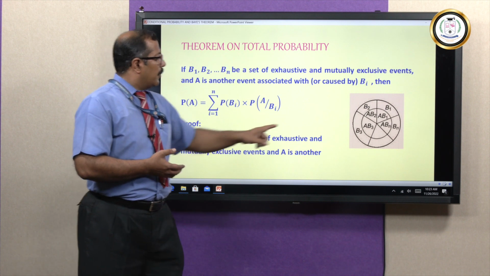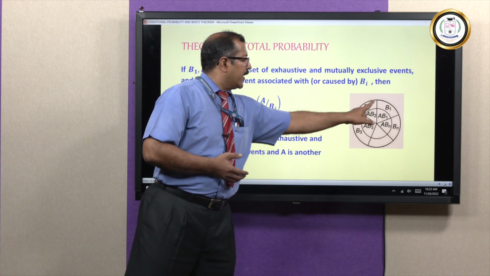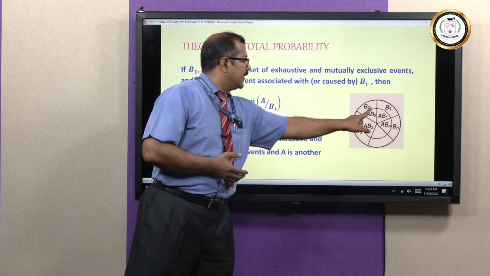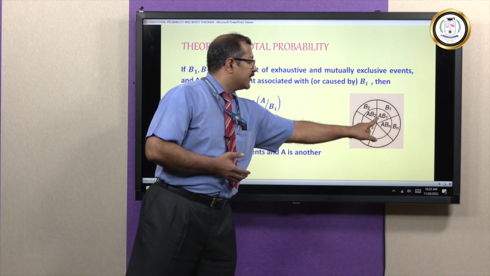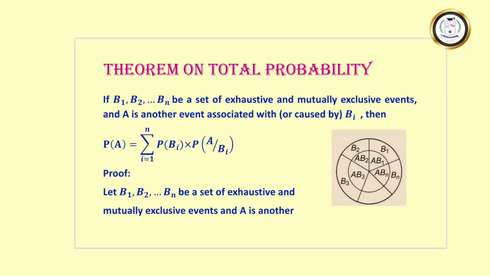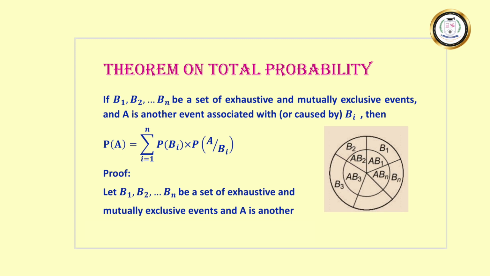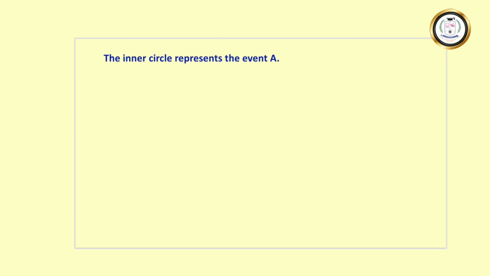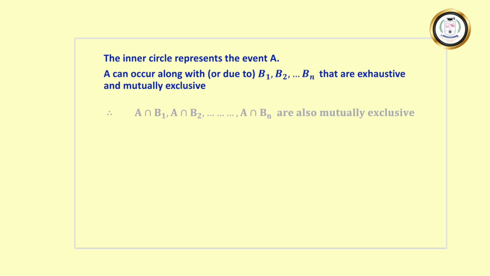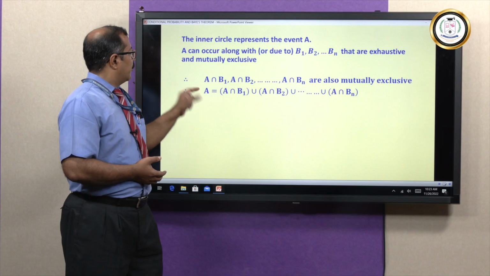What we want is the probability of A, and we know that A is the union of all these mutually exclusive and exhaustive inner sectors A B1 to A Bn. So I can write A as A intersection B1 union A intersection B2 union, etc. up to A intersection Bn.